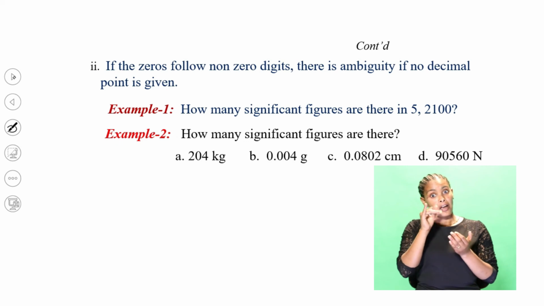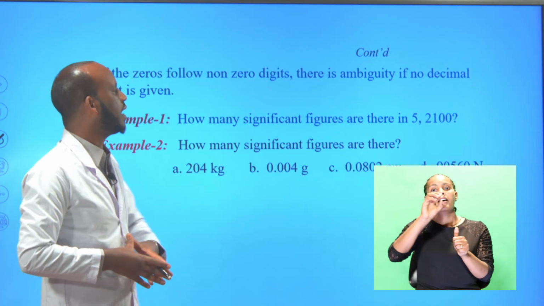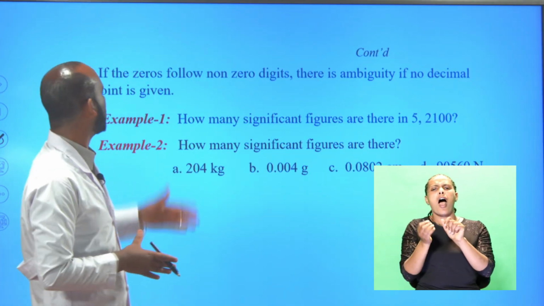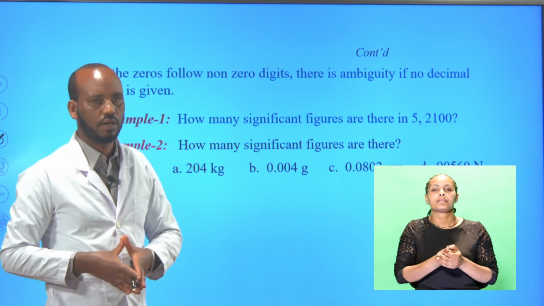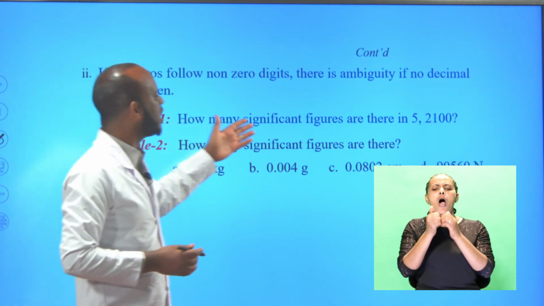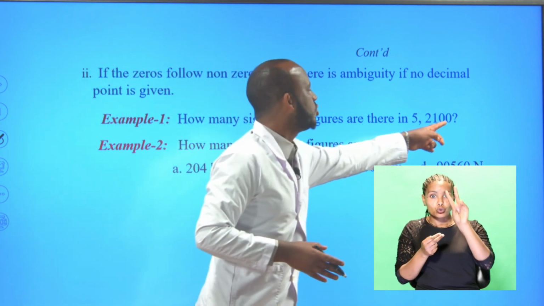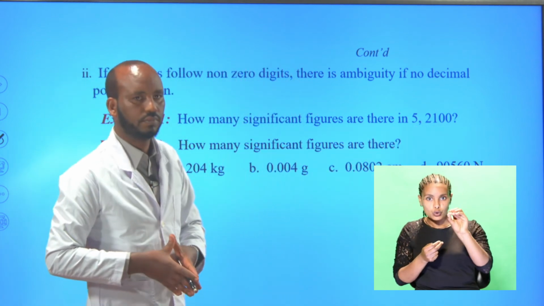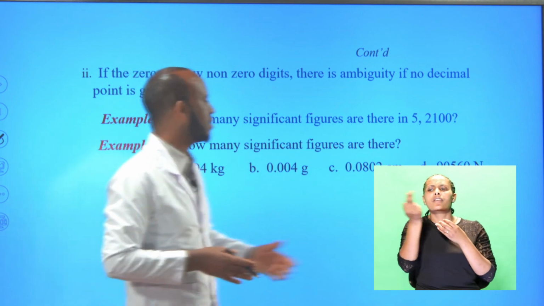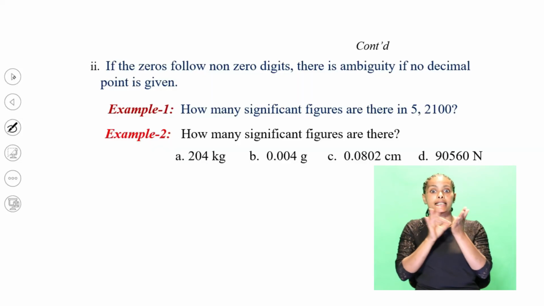If the zeros follow non-zero digits, there is ambiguity if no decimal point is given. For example, how many significant figures are there in 52100?